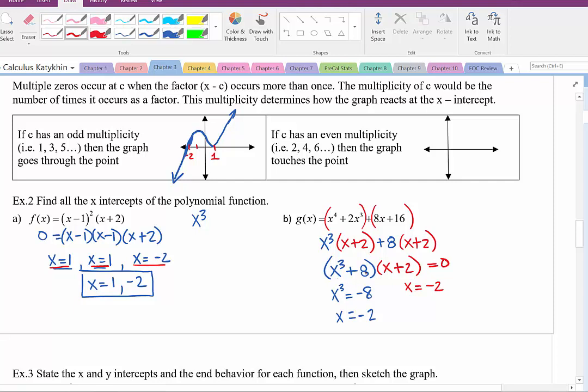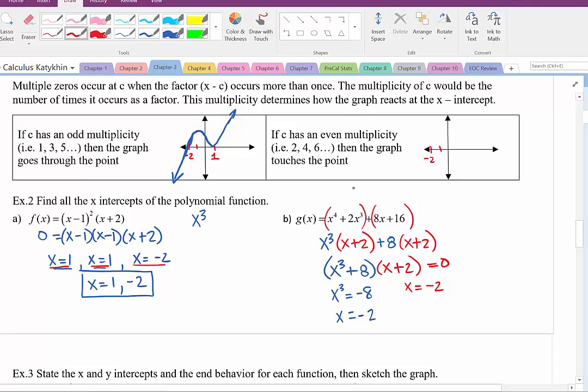Now notice there are 3 of these and 1 more of these. So there's actually an even amount of x is equal to -2. There's really just one root and it's at -2, but there's 4 of them. There's 3 from the x to the third factor, and then one from the second one here, which means we can have a function whose leading term is x to the 4th.